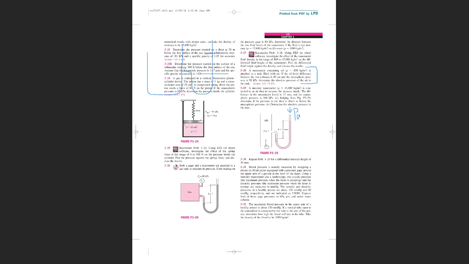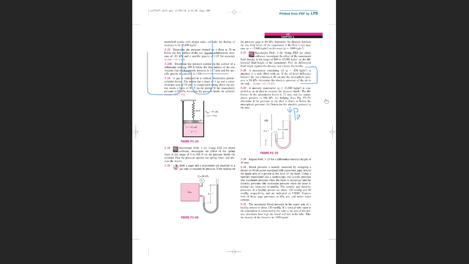But because the pressure here is higher than atmospheric, it is pushing the fluid up 15 millimeters. And then you can determine the absolute pressure. You simply use P equals rho gh, that is the pressure inside the pipe, where h is 15 millimeters and rho is the density of the manometer fluid. And then the atmospheric pressure is given as 100 kPa.